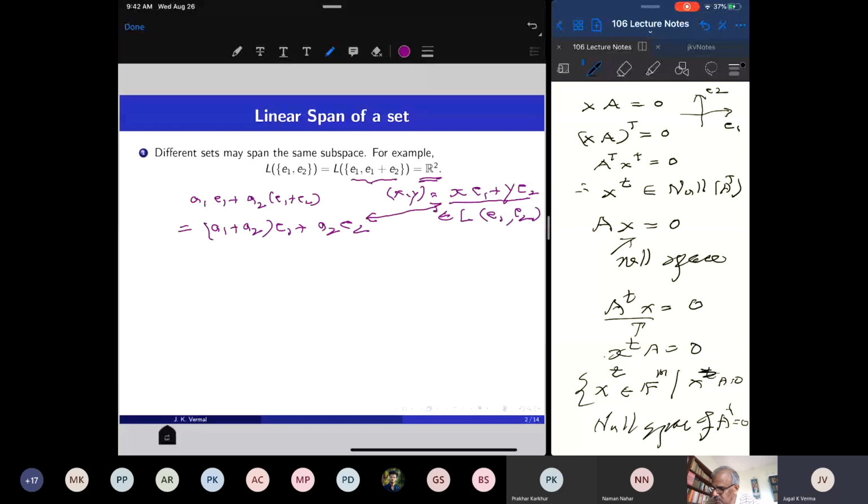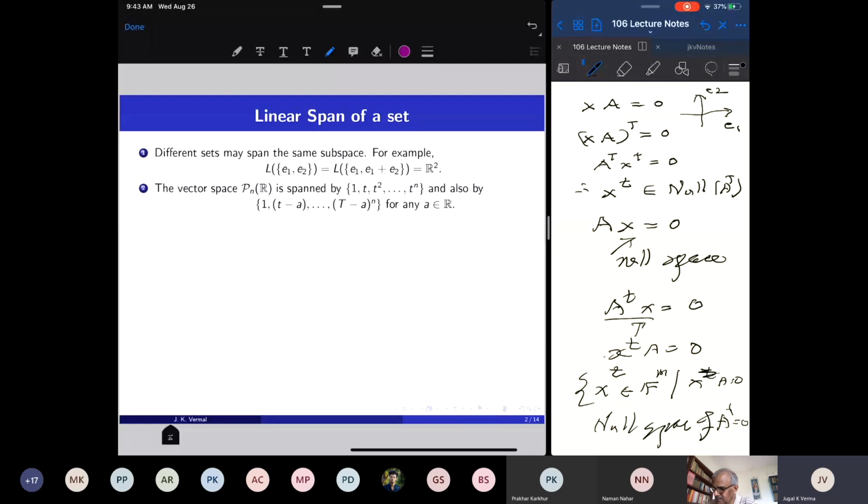So these two subsets, E1 and E1 plus E2, or E1 and E2, have the same linear span, the space R2. So a given vector space can be the linear span of many sets of vectors, and we need to understand what are the common properties of subsets whose linear span is a given vector space.